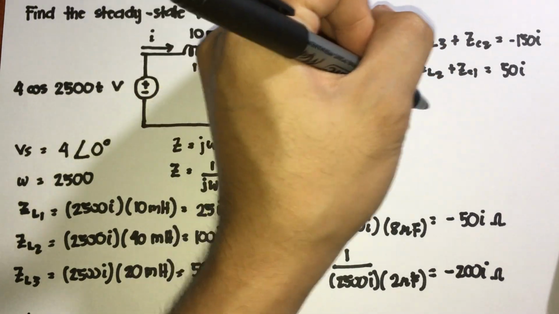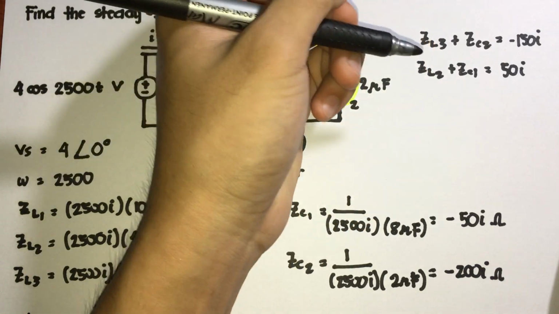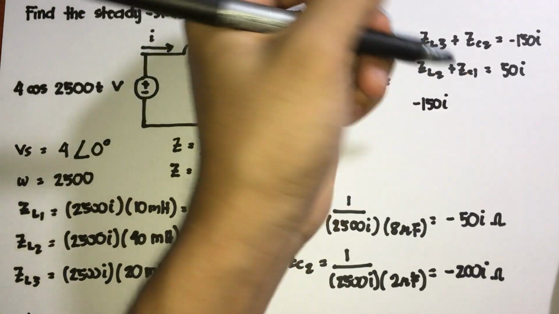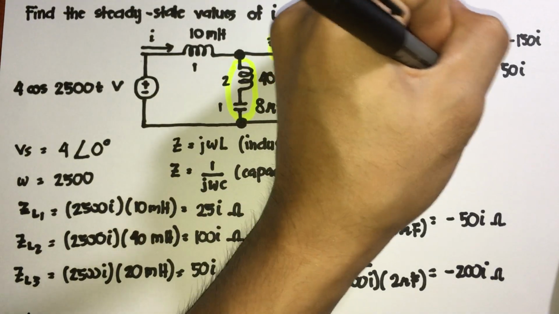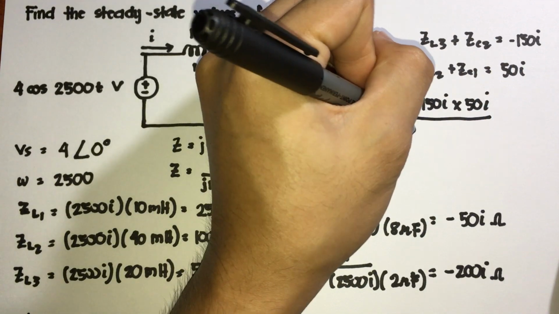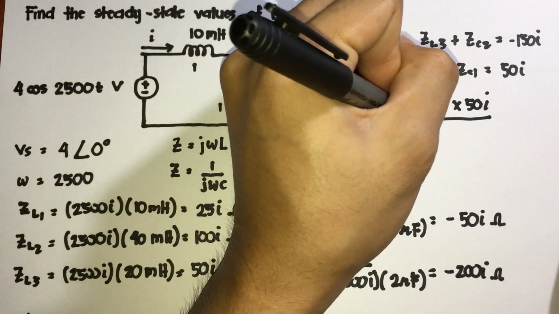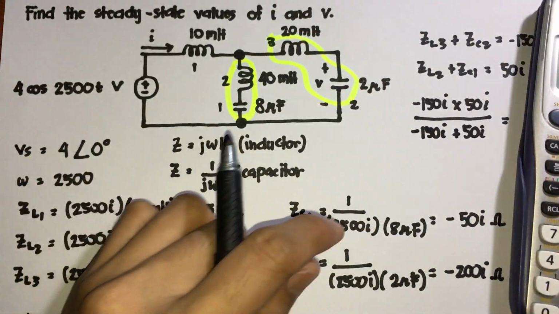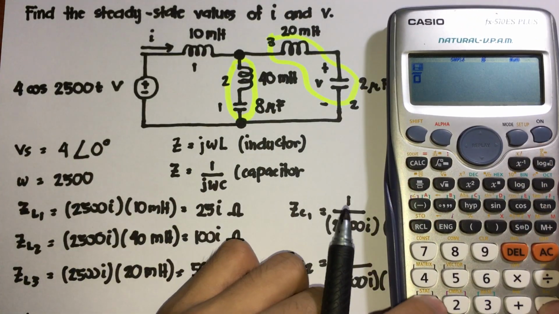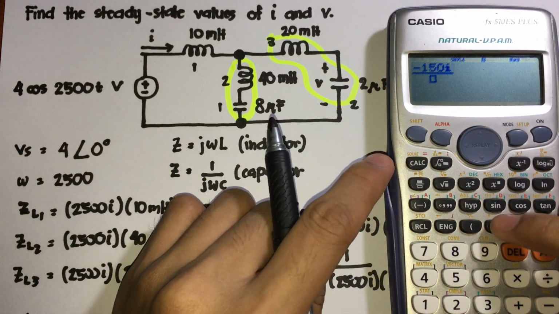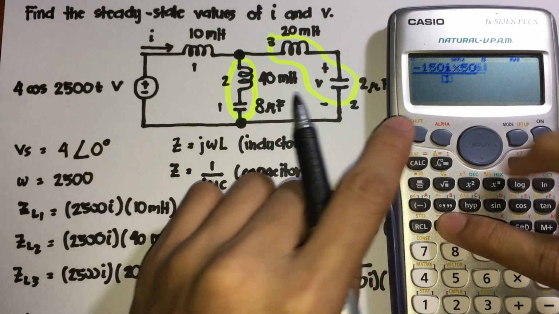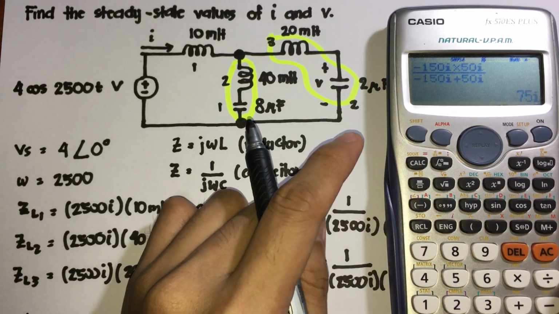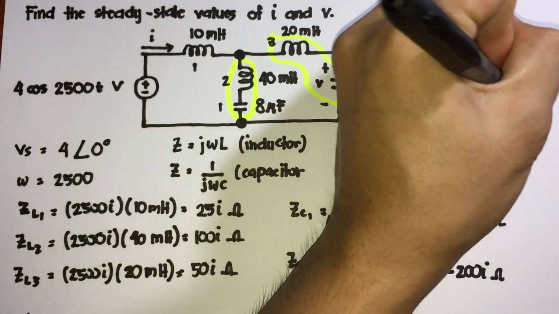The same as resistors, we can just use the parallel equation: negative 150I times 50I over negative 150I plus 50I. We have 75I for that parallel.